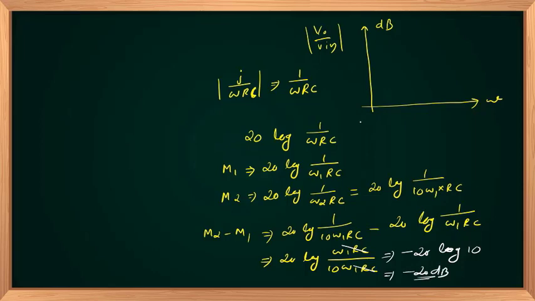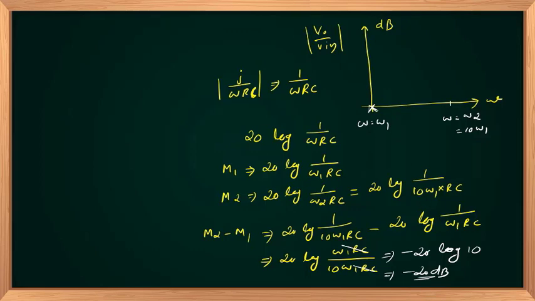So if we are moving from omega equal to omega 1 to omega equal to omega 2, that's equal to 10 times omega 1, if you are moving over a decade of frequency, your magnitude should come to 20 decibels negative.